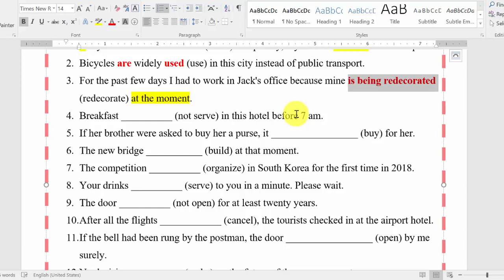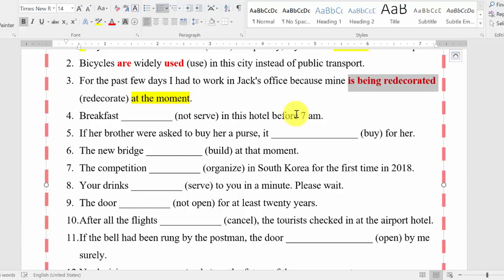It is talking about the rules in this hotel, right? Usually what happens in this hotel, what are the rules of this hotel? What time will the breakfast be served in this hotel?